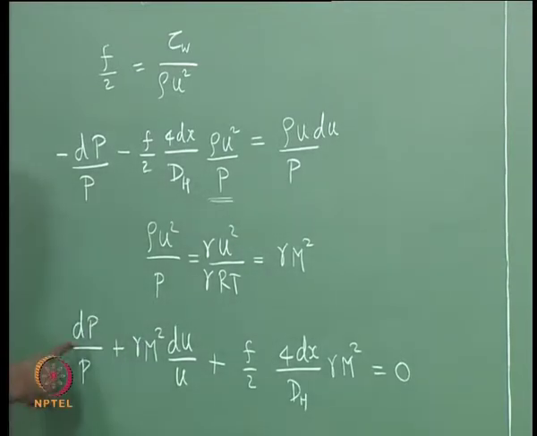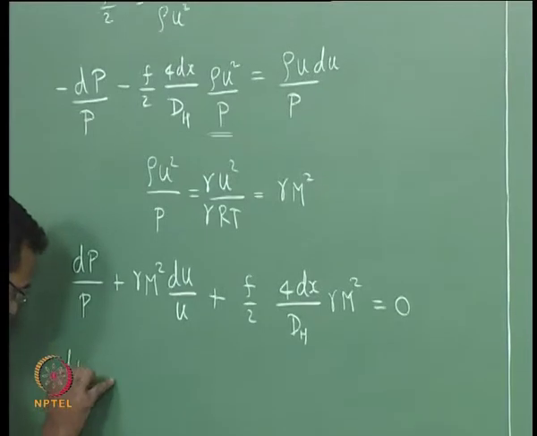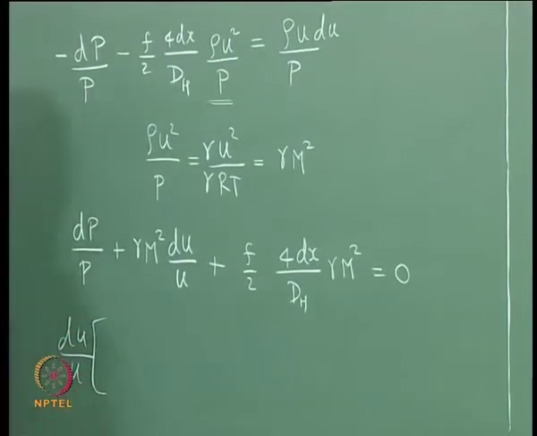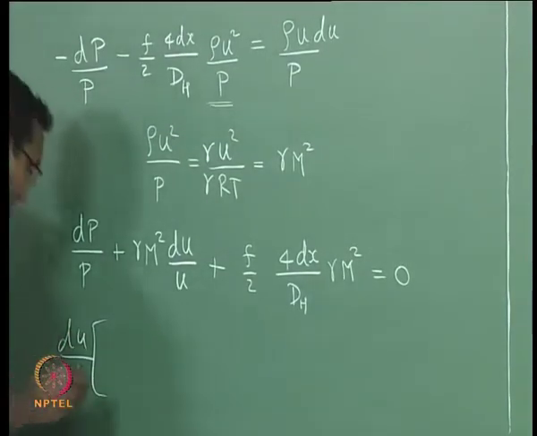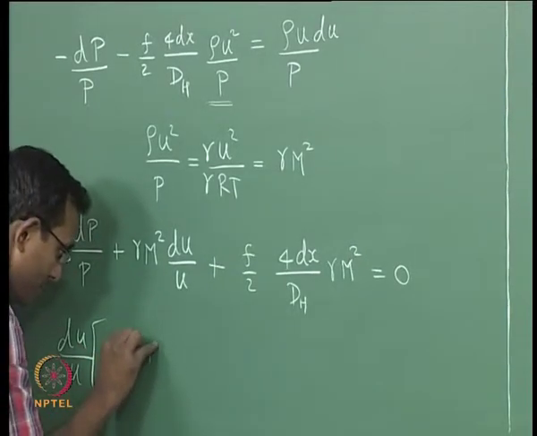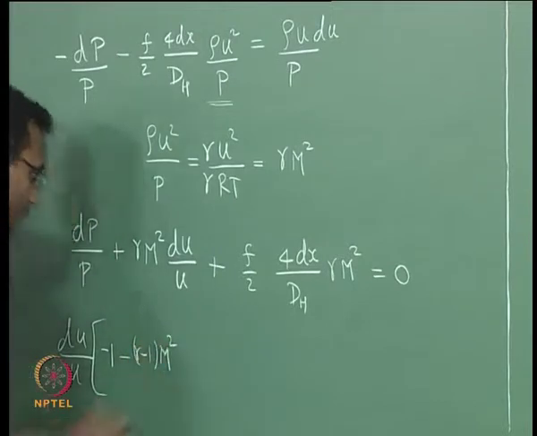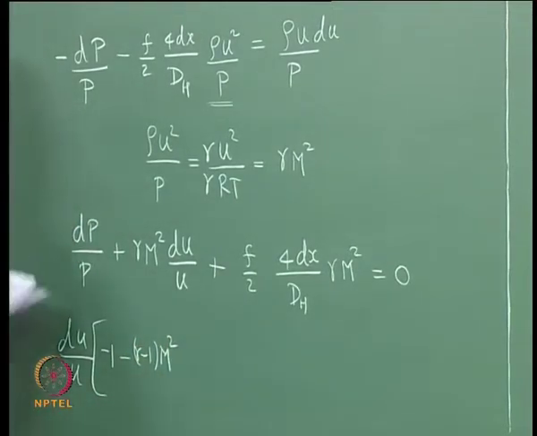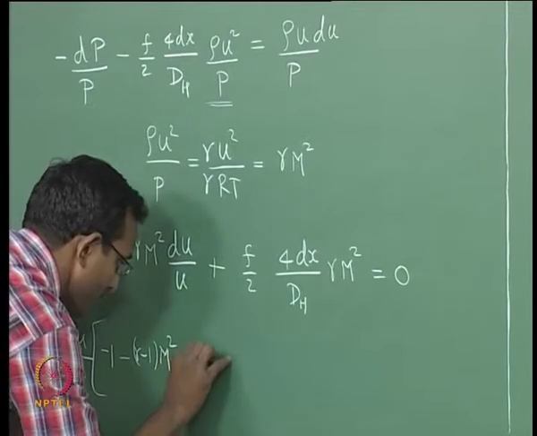So I will write just dp by p in terms of du by u first. The dp by p term happens to be minus 1 minus (gamma minus 1) M square, plus gamma M square.